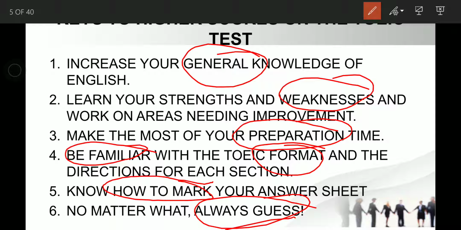Your score will be 0 for the wrong answer. So maybe you are lucky: you don't know the answer, but because you guess, you get the correct answer.